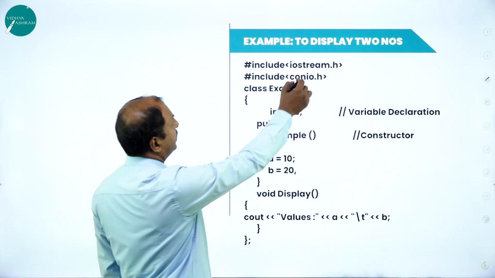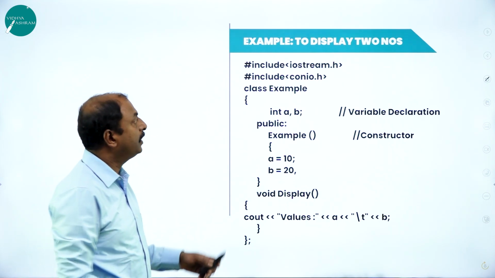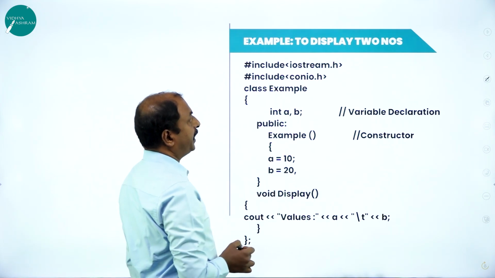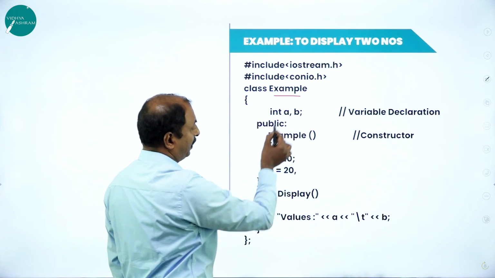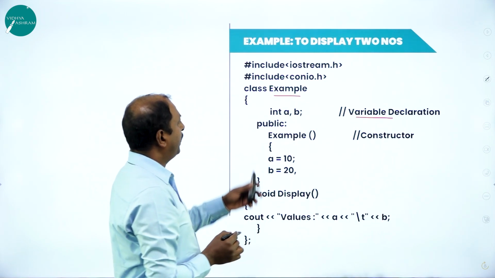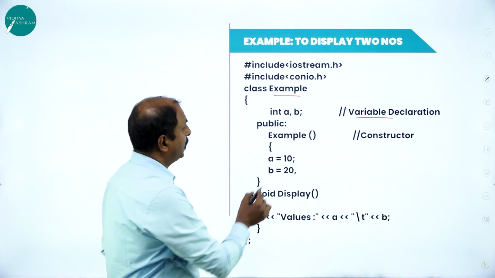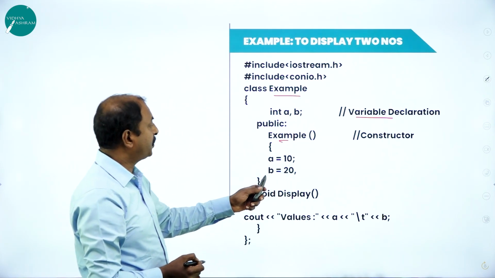Here, an example to display two numbers. The program starts with the header files, then class example. Here the two variables a and b are the variable declaration. Under public we have example, which has the same name as that of the class, so it is a constructor.